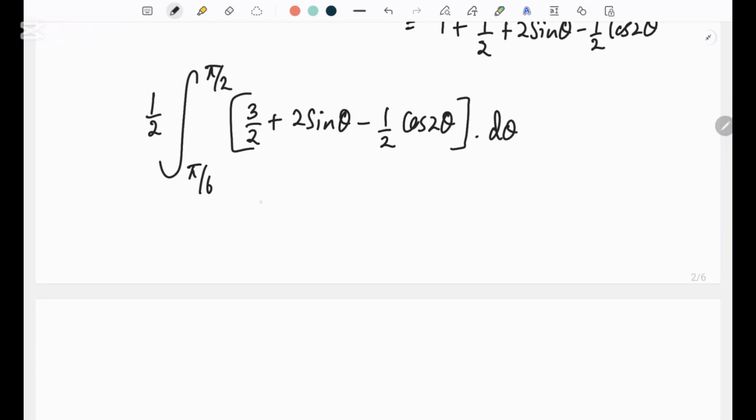So then the integration of this is 3 over 2 theta, plus, sorry, the integration of sine theta is negative cos theta, so it's negative 2 cos theta, minus 1 over 4, because 1 over 2 into the integration of cos 2 theta. You have 2 theta inside cos, so you have to divide by the number you have inside the brackets.